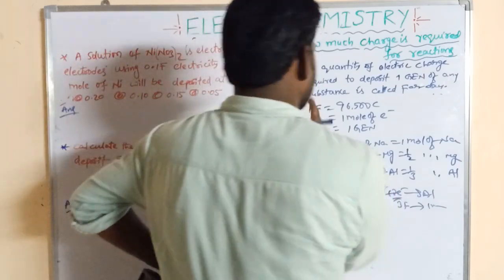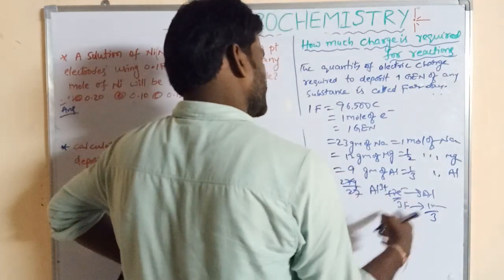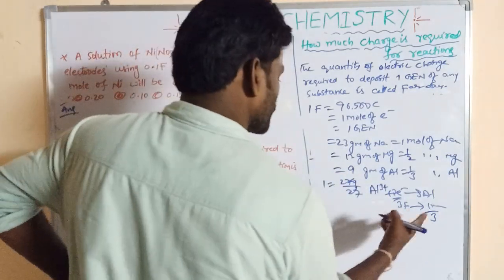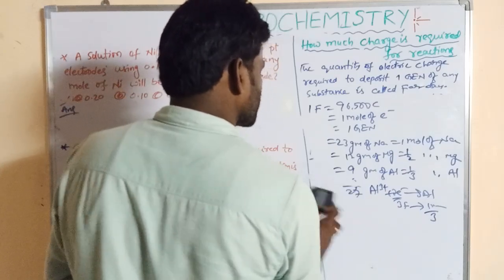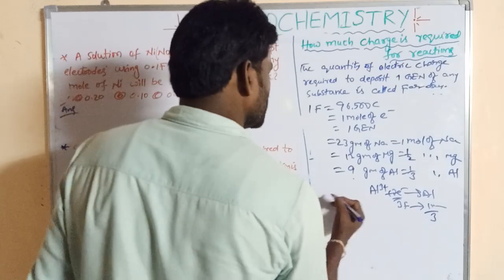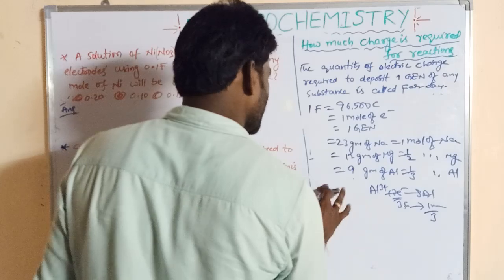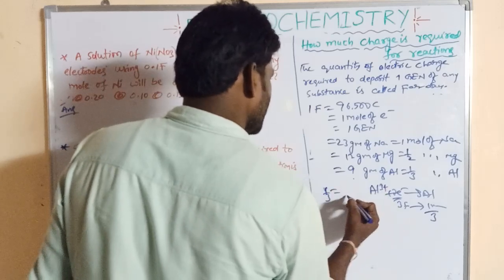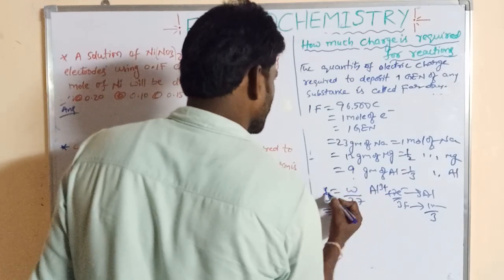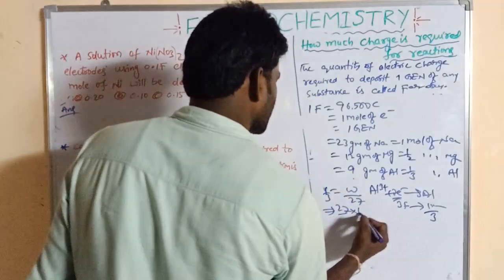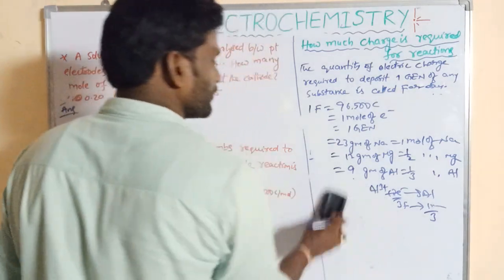Per 1 Faraday, 1 by 3 mole. Weight is 27 into 1 by 3, which is 9. So this is the 9 gram of aluminum.